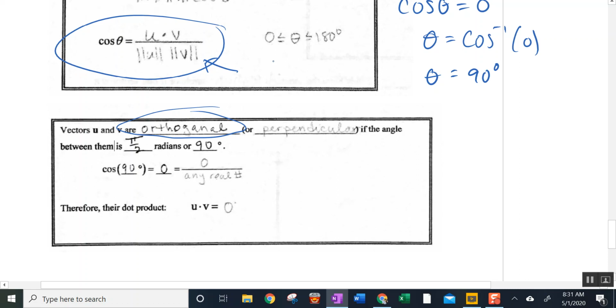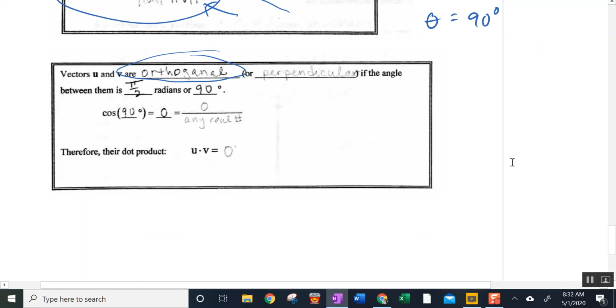So for this value to be 0 up top here, all that has to be 0 is the dot product. So what you want to recognize is anytime the dot product is 0 between two vectors, they are perpendicular or orthogonal to each other. So you'll see that on edgenuity. If you take the dot product of any two vectors and you get 0, that means they are orthogonal or perpendicular. That's the quickest way to test for that.